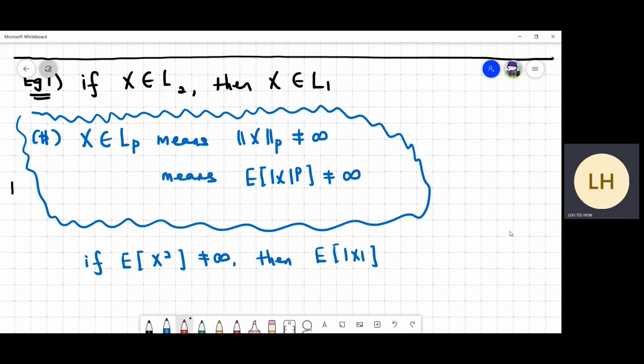Here we are supposed to have a modulus, and since we are taking squares, we can actually remove the modulus. So we can translate this sentence using the notation of expectation value. That is, if E of x squared is not infinity, then E of modulus of x is also not infinity.